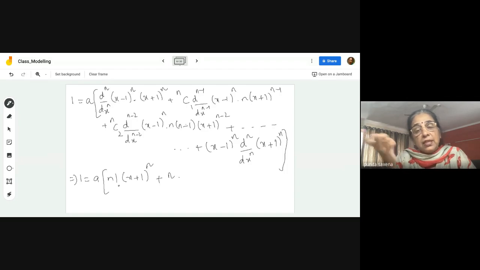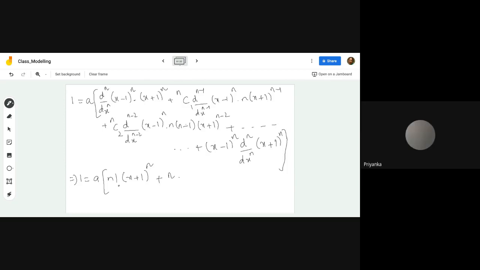Now, what is the third derivative of x to the power 4? 4 factorial into x.